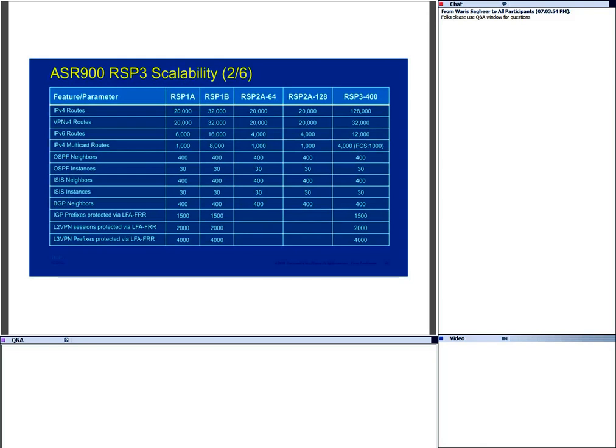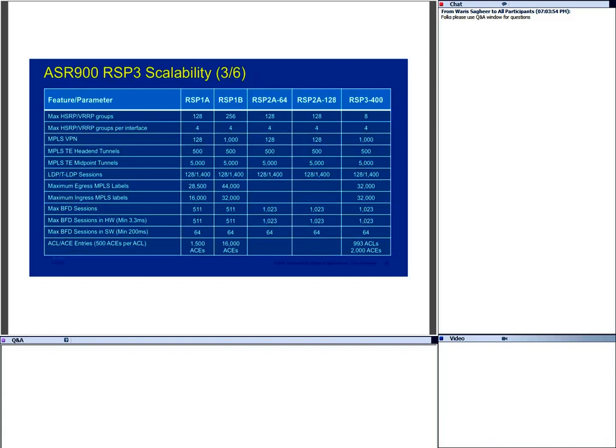In the previous generation RSPs, we were at 20K, and then we took a big leap to 128K. And for OSPF and BGP, from the control plane perspective, you can go up to like 400 sessions combined of OSPF, IS-IS, and BGP, just to highlight the control plane bandwidth in terms of handling the number of sessions.